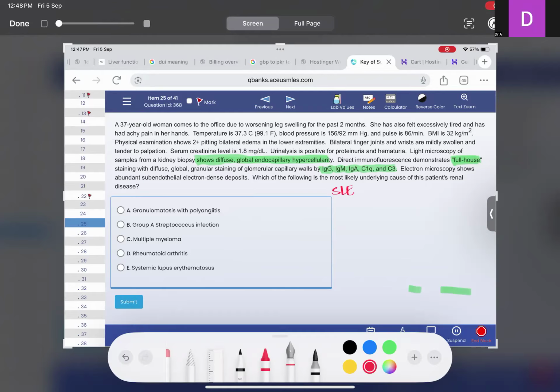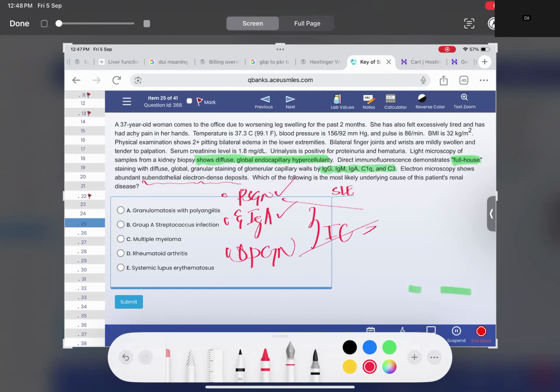And what other things can you see? Subendothelial deposits. So it is also the same as in PSGN and IgA, okay? So we have an addition. We discussed PSGN, we discussed IgA. We have diffuse proliferative glomerulonephritis. We have immune complexes.